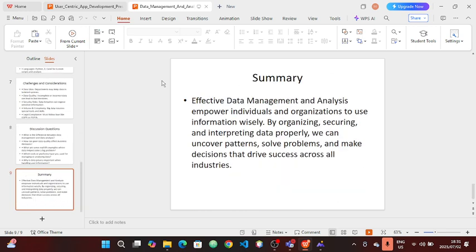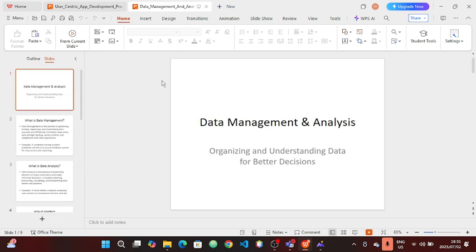And then, pretty much, this is the summary I made on data management and analysis. I'm sorry guys, I'm not really good at data management and analysis.